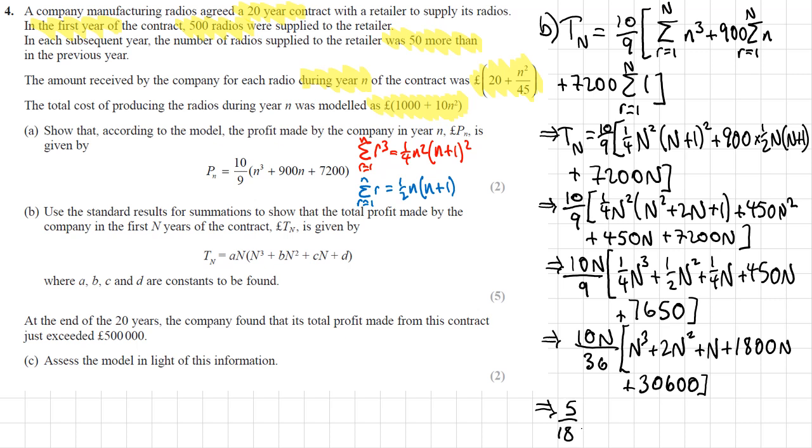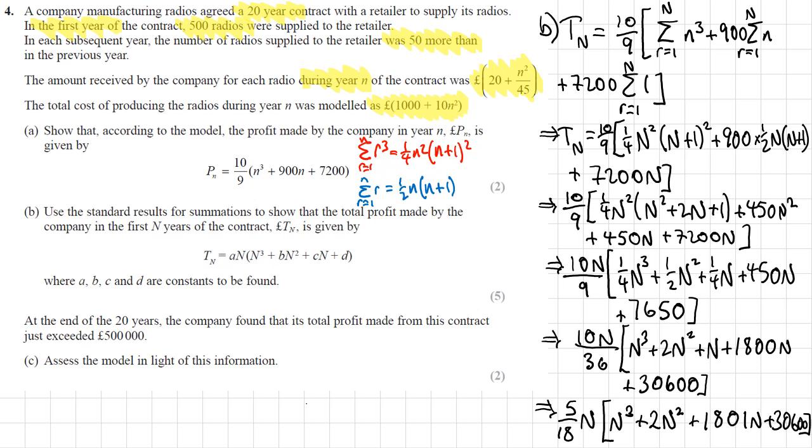So those are my value of a. Inside the brackets, n cubed plus 2n squared, and then the n plus the 1800n, that's 1801n plus 30,600. Okay, so what have I got from that? A, let's write it up here.